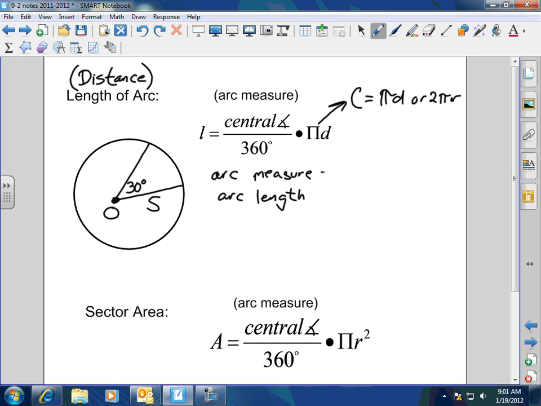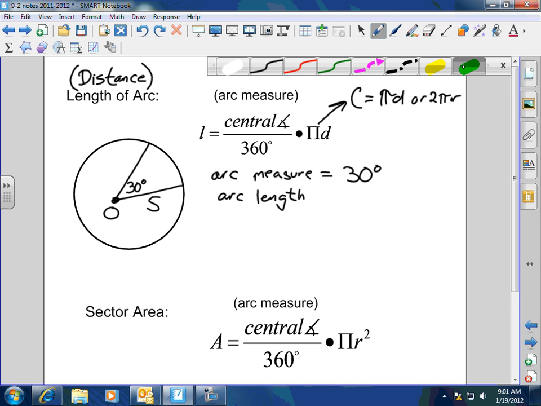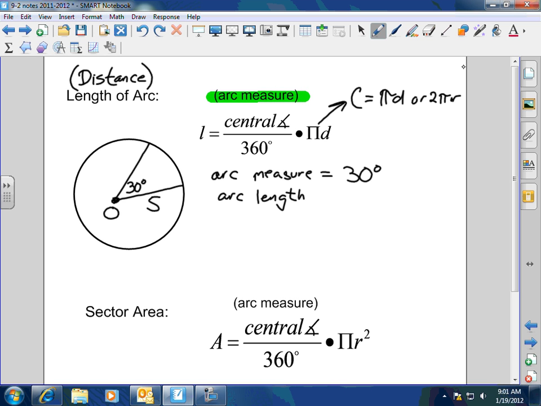Okay, so the arc measure would be what? 30, because it's the same exact thing as a central angle. That's why I put the arc measure right above here in parentheses, above the central angle, because they're one and the same. So I have 30 over 360 times circumference. Isn't circumference here 10 pi? 2 times the radius times pi?